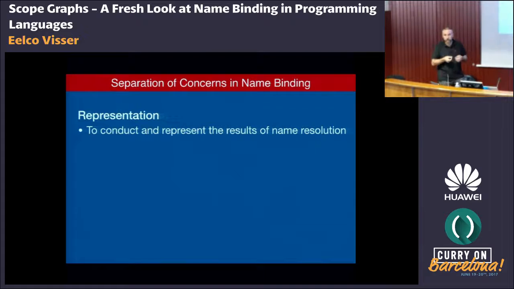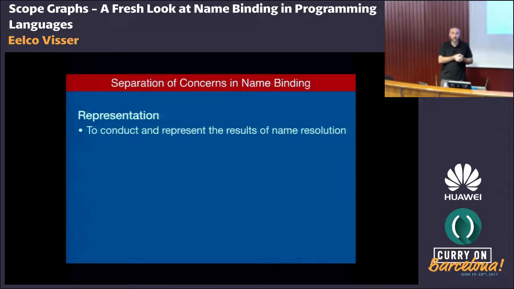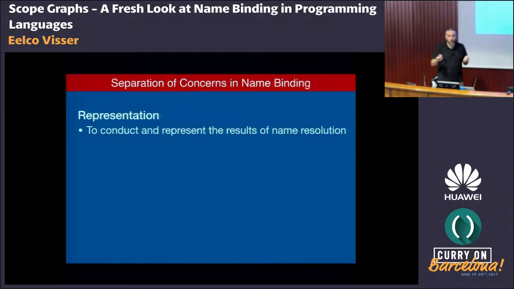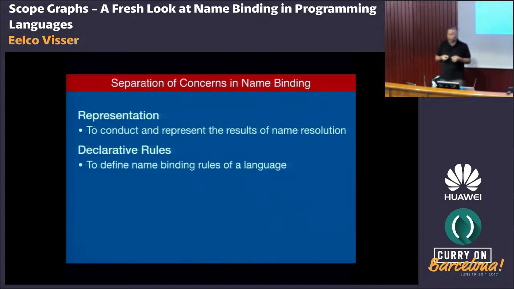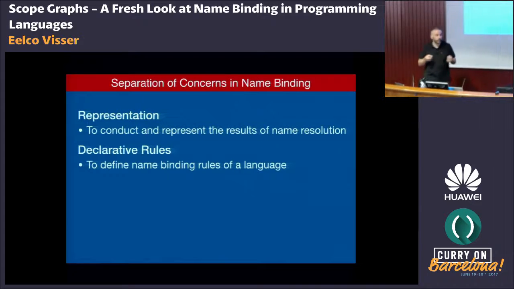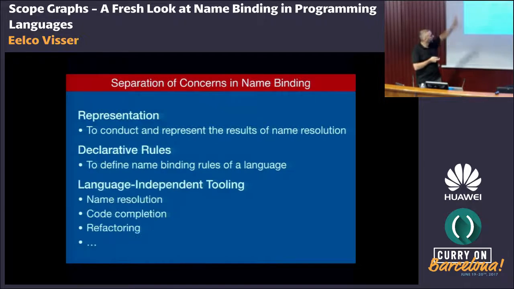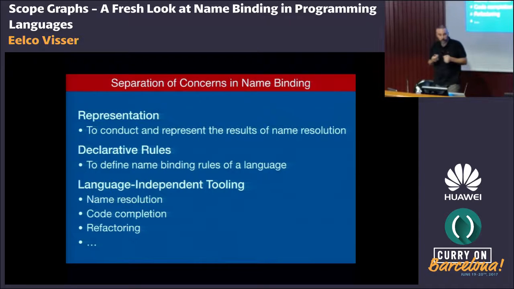So what we would like to achieve is for name binding similar to what we have for syntax, namely a standard representation where we can conduct and represent the results of name resolution, and declarative rules that allow us to write down what the name binding rules of our language are, and then from that derive all kinds of language independent tooling.